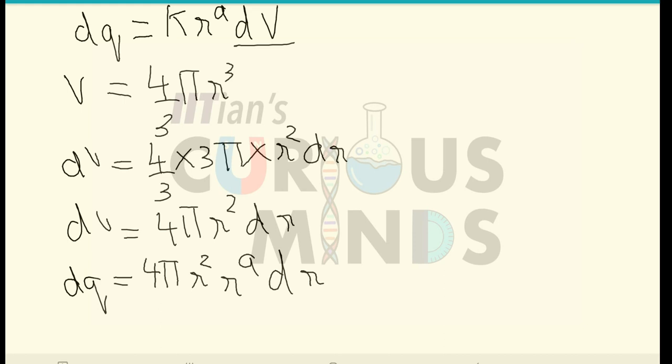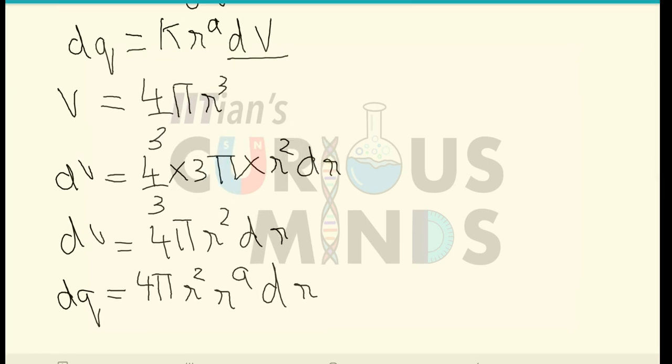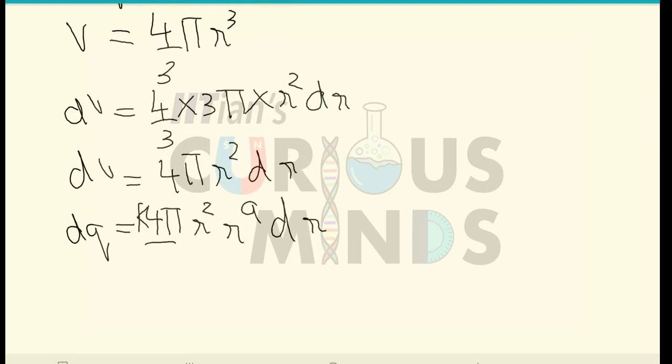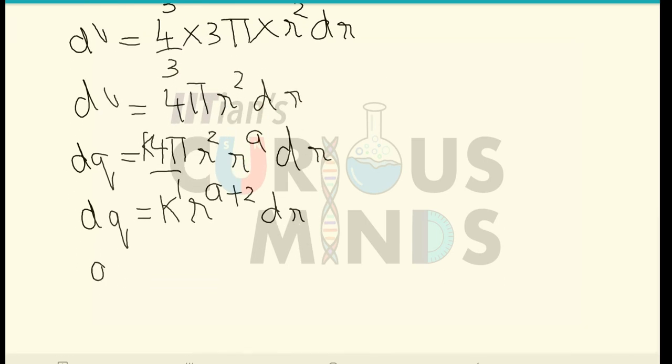Now understand that k is again a constant here. So 4 pi, when I multiply it by k, will again be a new constant. Let it be equal to k dash. So dq will be equal to k dash r raised to a plus 2 into dr. The total charge will be the integration of this part.